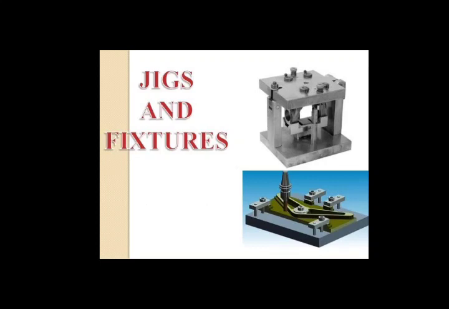Second is the degrees of freedom. You have already received a PPT and another video lecture explaining the 3-2-1 principle. An object in space has 12 degrees of freedom, that is, linear motions along 3 perpendicular axes and rotational motion about these axes.